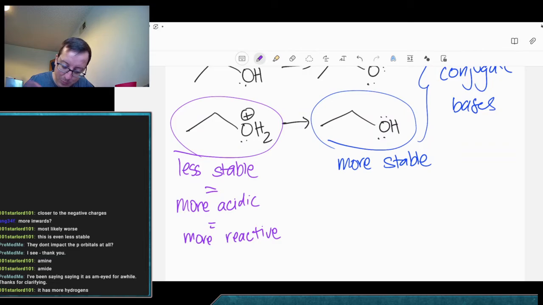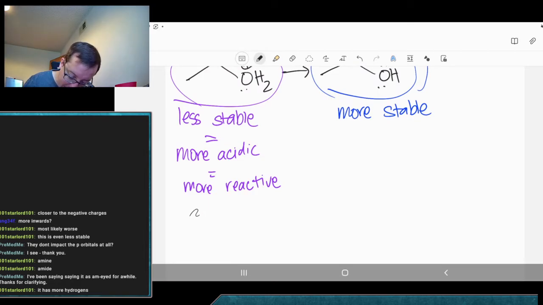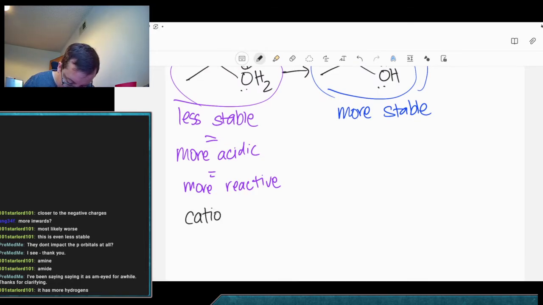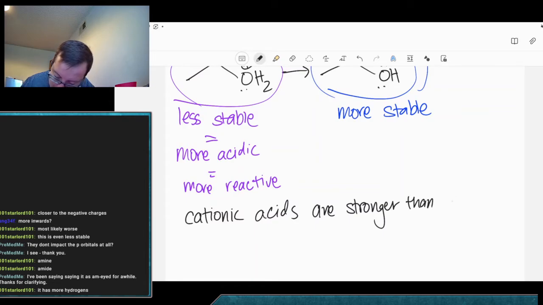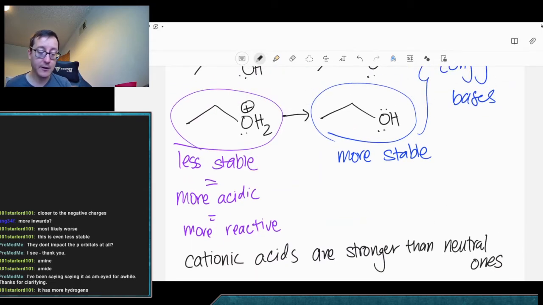So the point of this little section, the takeaway here, is that cationic acids are stronger than neutral ones. Because, as we're going to see for all of these cases, their conjugate bases are more stable.